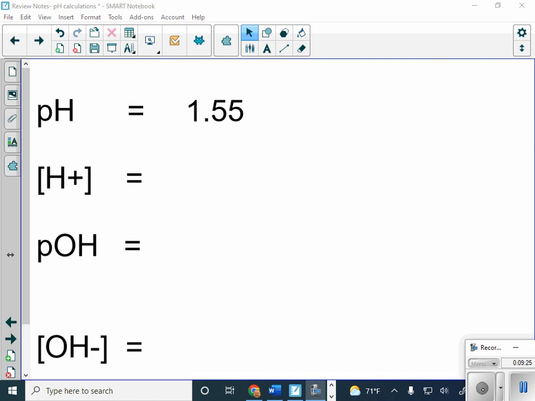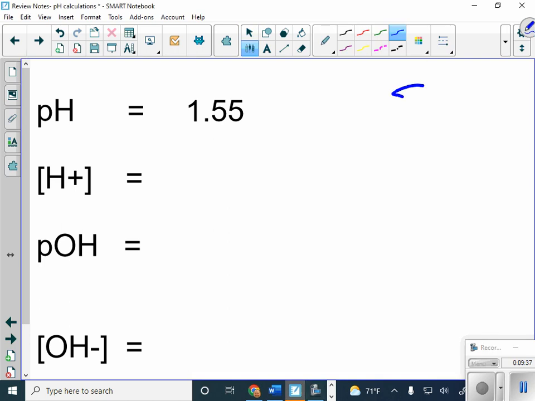How many sig figs do I have there? Two. Okay? 2 sig figs because it is pH. pH is logarithmic, so only after the decimal counts.